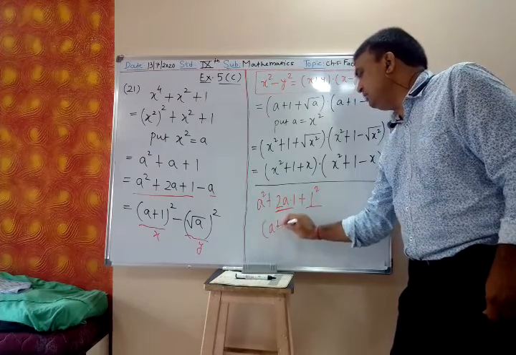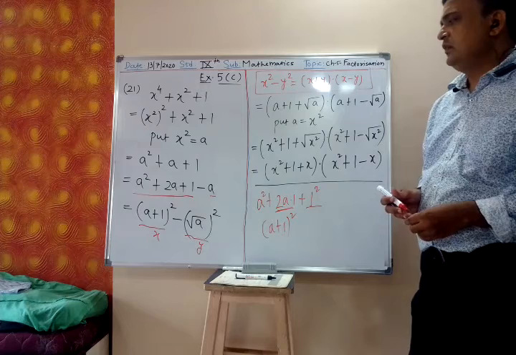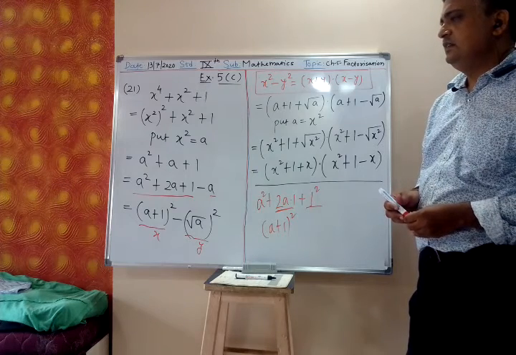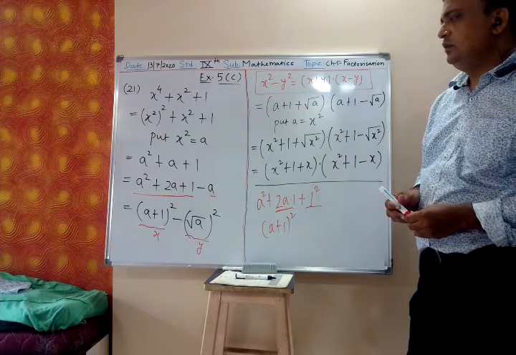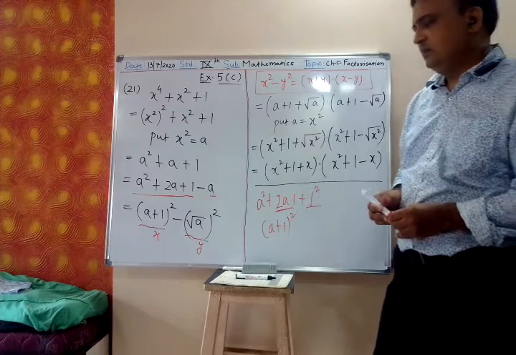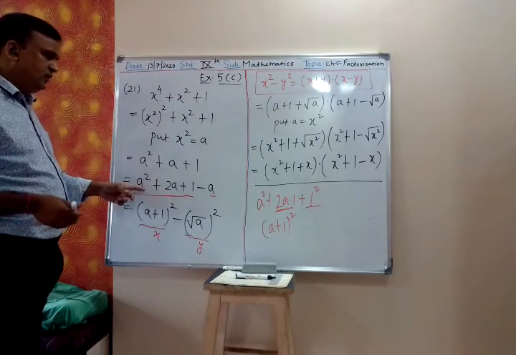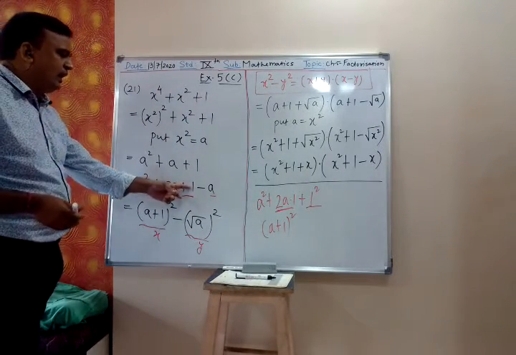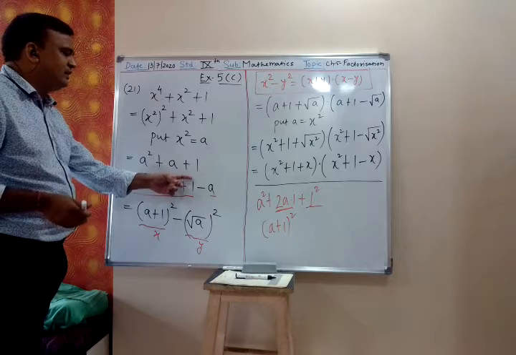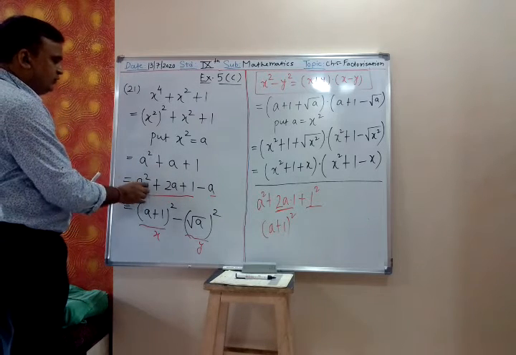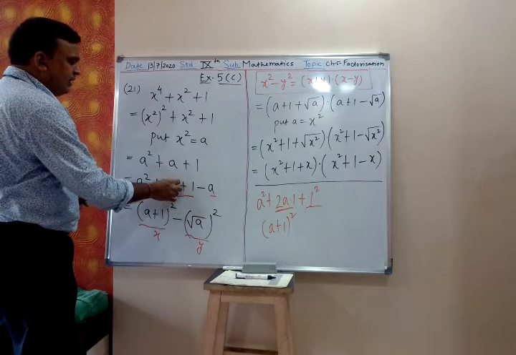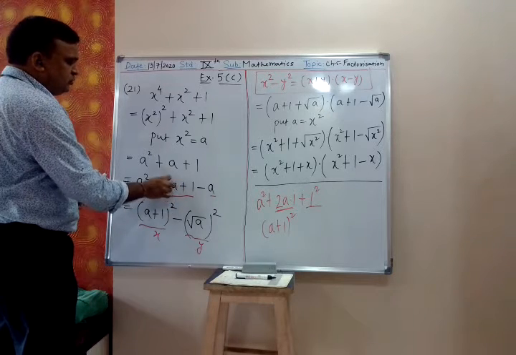That is nothing but a plus b whole square. I have written 1 only. 1 means it is 1 square. So a square plus 2ab plus b square. 1 I have not shown. That means it is 2ab.